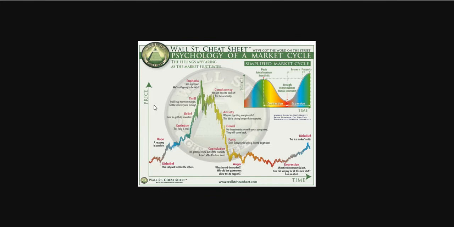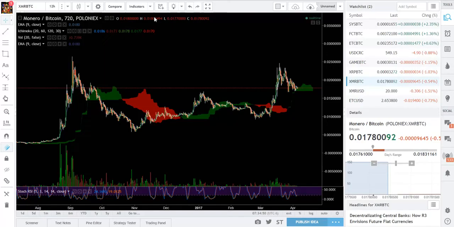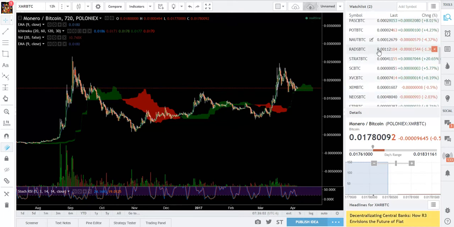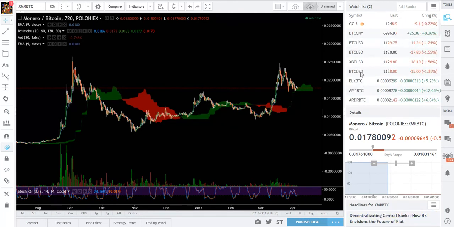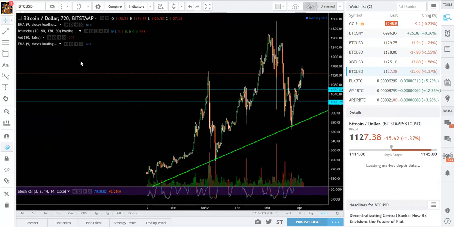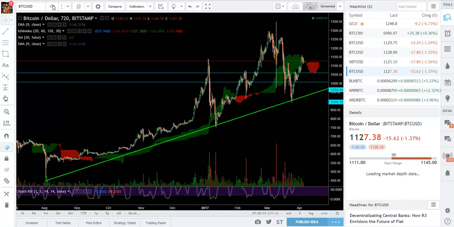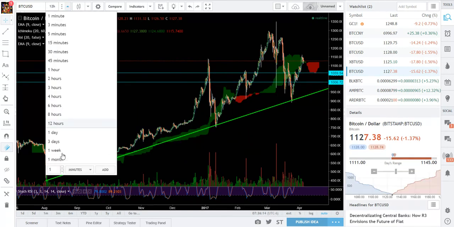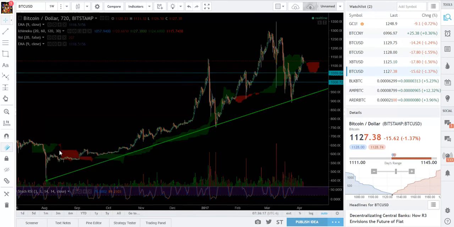So these cycles that repeat are going to be profoundly larger as more money comes into cryptocurrency, if that makes sense. A real fine example of that, and we'll come back to Monero in a second, is just looking at the Bitcoin chart on Bitstamp on, let's say, the weekly.